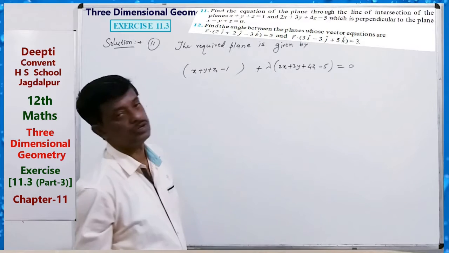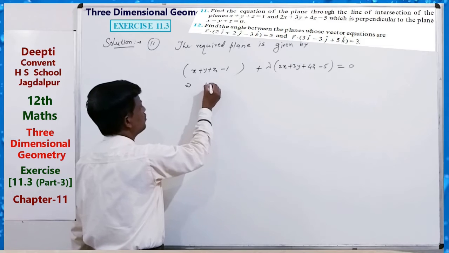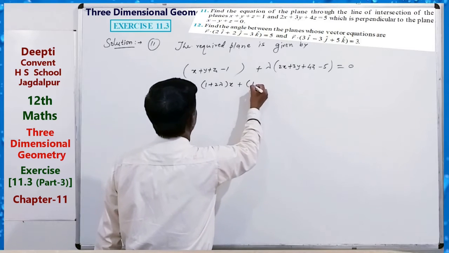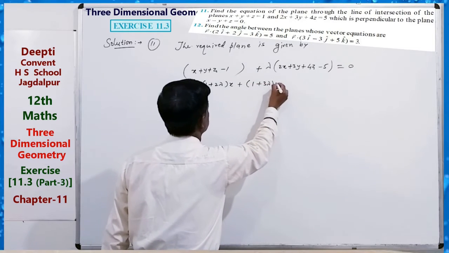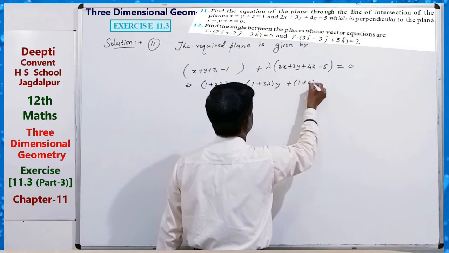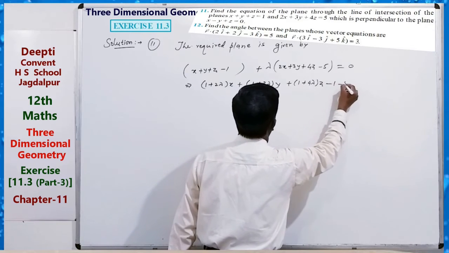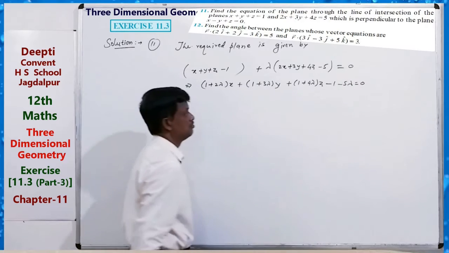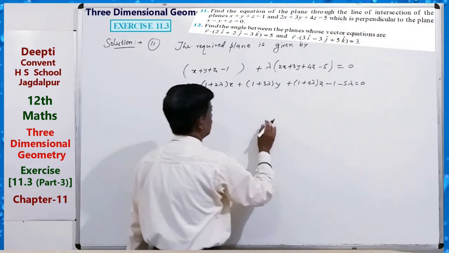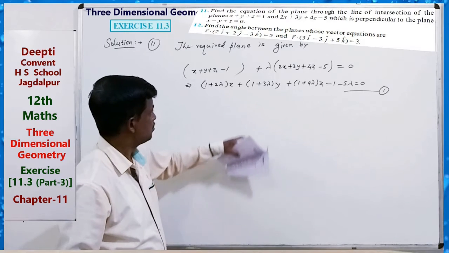So this is the required plane and it can be written like this: combine (1 plus 2 lambda) into x, plus (1 plus 3 lambda) into y, plus (1 plus 4 lambda) into z, minus 1 minus 5 lambda equals 0. Clear? So the constant term is this. Now this is our required plane, and we have to find its equation.